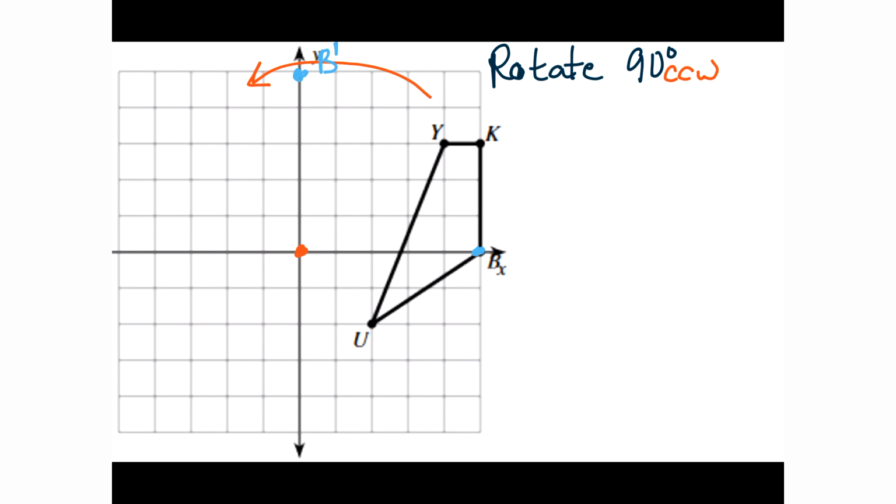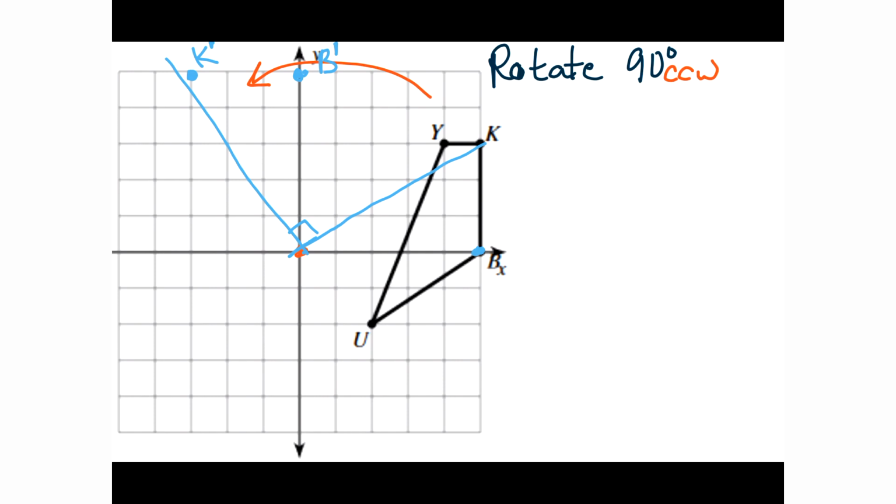Well, I could draw in a line and use a protractor and come up with the 90 degree perpendicular line to be able to find my K, but that could get really cumbersome. Or I could use rules. And you'll find that with rotations, in this particular unit, memorizing the rules or using the rules is going to be the easiest way of doing this.